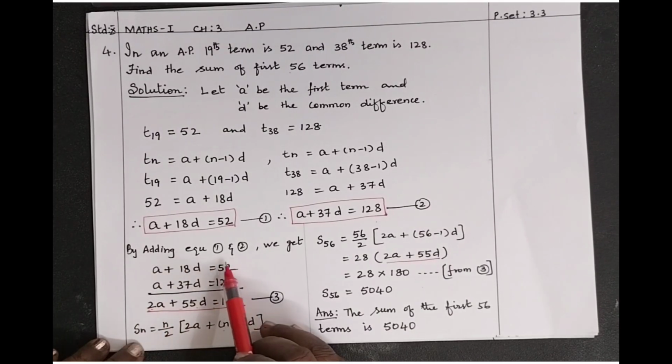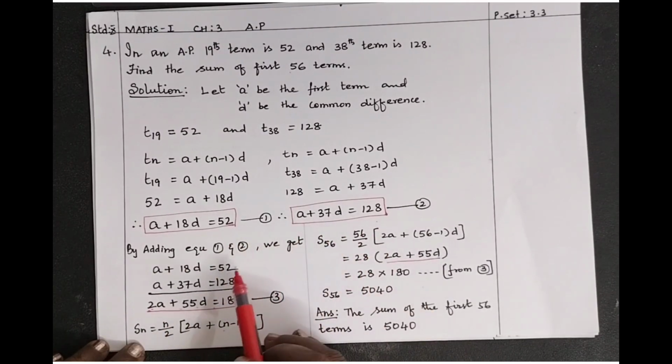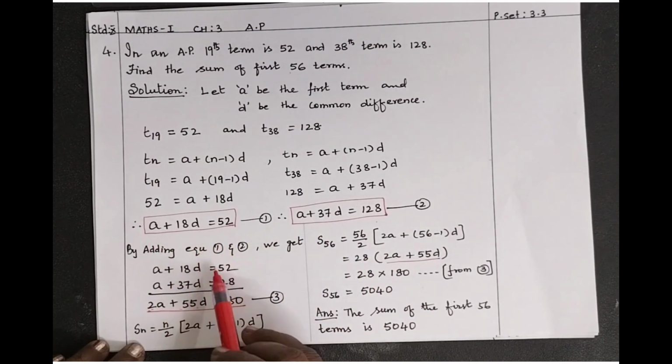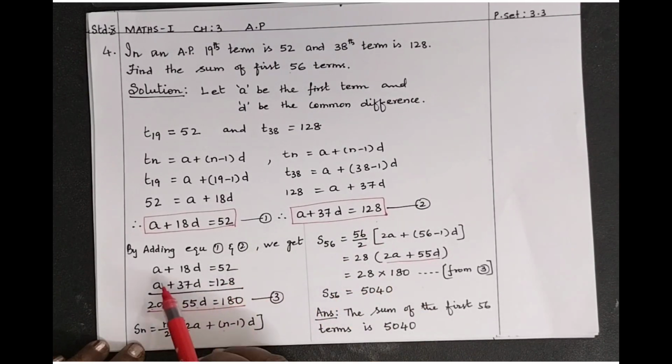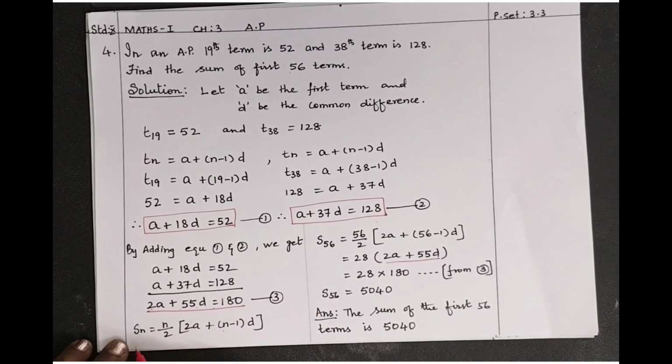Now, by adding these two equations, 1 and 2, we get A plus 18D equals 52, A plus 37D equals 128. So, this will be 2A plus 55D, which is equal to 180. So, this is equation number 3. Now, write the Sn formula.